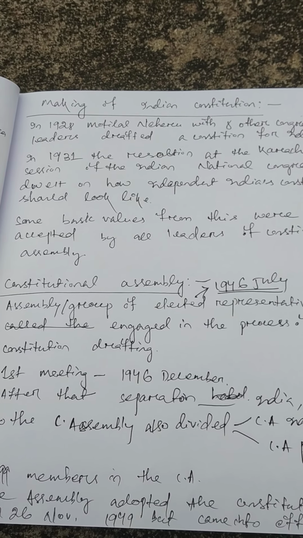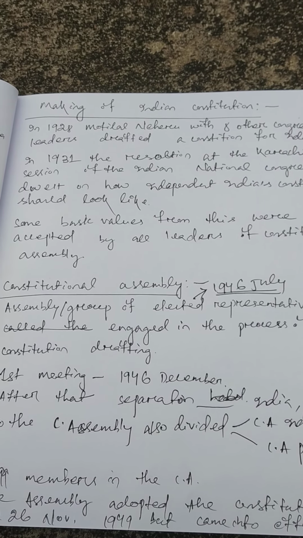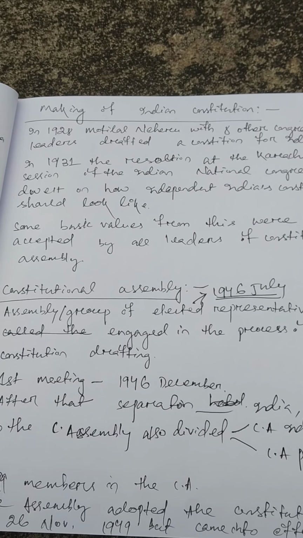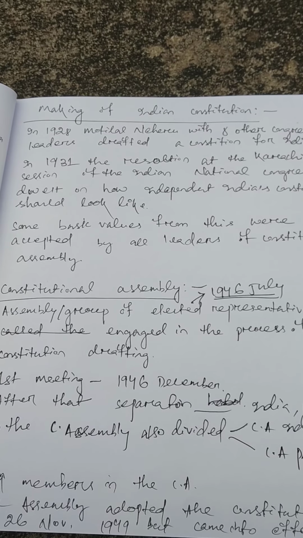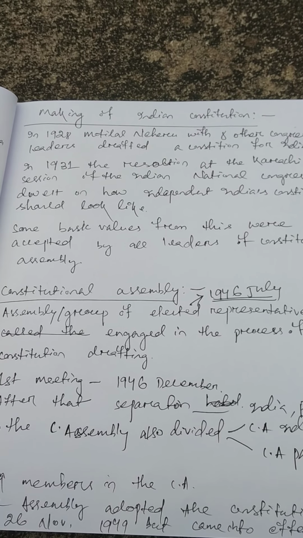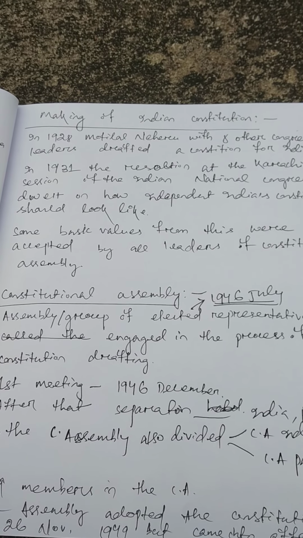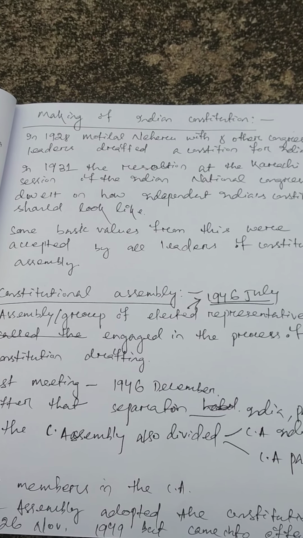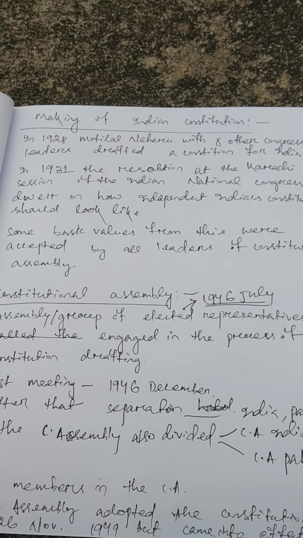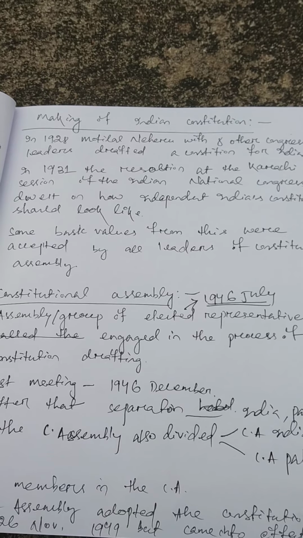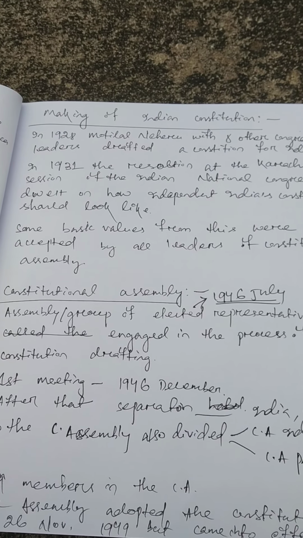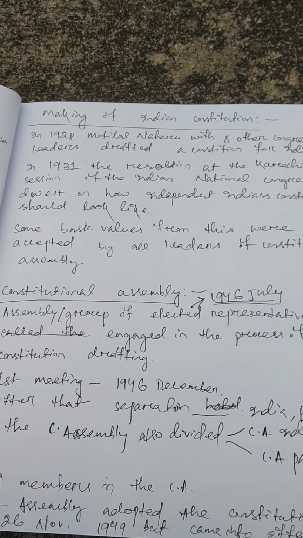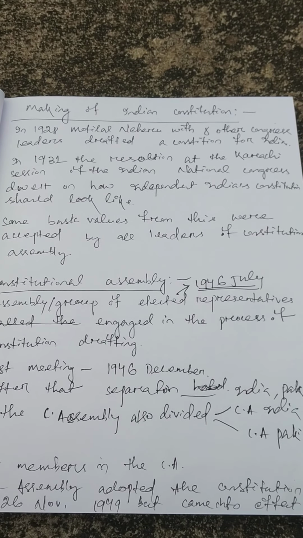In 1931, the resolution at the Karachi session of the Indian National Congress was held on how independent India's constitution should look. The constitution drafted by Motilal Nehru was discussed in the 1931 Karachi session. Some basic values from this were accepted by all leaders of the Constituent Assembly.